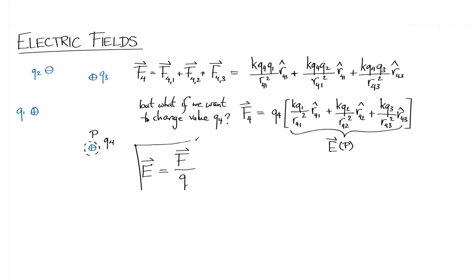So if we imagine we had some configuration of charges like these 3 charges here, we stuck some little test charge here, and we looked at what force was exerted on this test charge by these 3 other charges, and then we divided out the force by the value of that test charge, we would get an electric field. And so the electric field is independent of whatever test charge I put here.